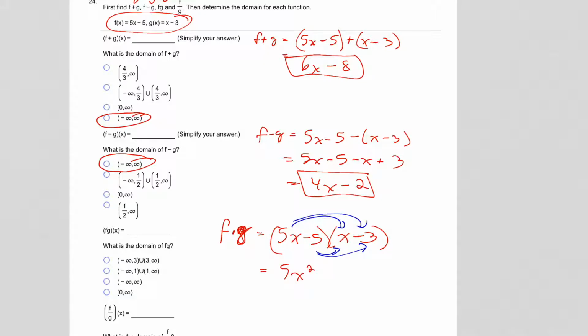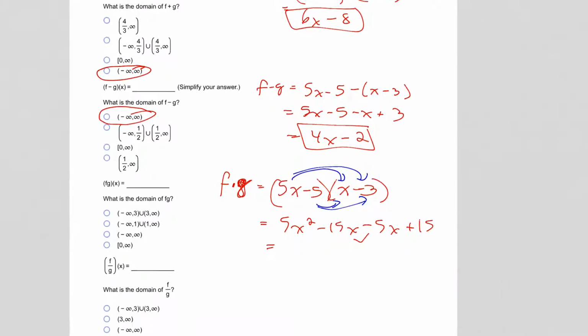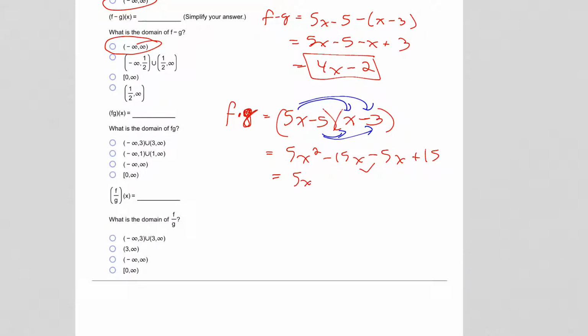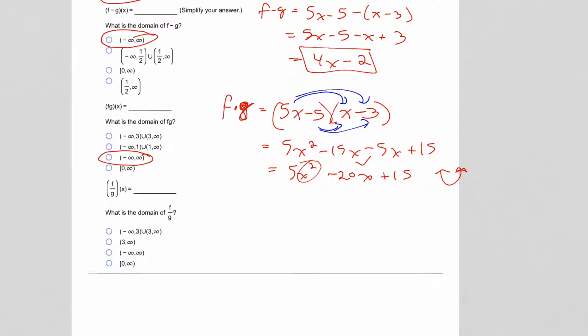So 5x squared is the first arrow, second arrow, negative 15x, third arrow is negative 5x, and the last arrow is positive 15. Put these two together. Okay, and we know that this parent function is a quadratic, and there are no restrictions for the domain. So once again, all real numbers.